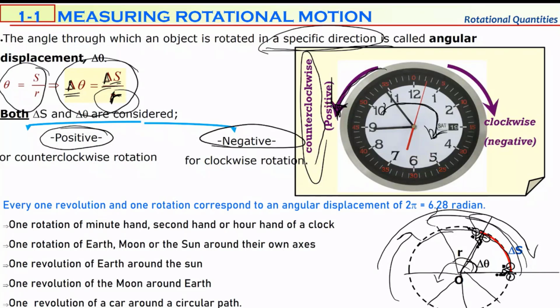One more thing, and in fact I explained this before, but I'm going to explain again. Every one rotation and every one revolution corresponds to an angular displacement of 2 pi radian, because one rotation is 360, one revolution is 360, and every 360 is equal to 2 pi radian. Like what?